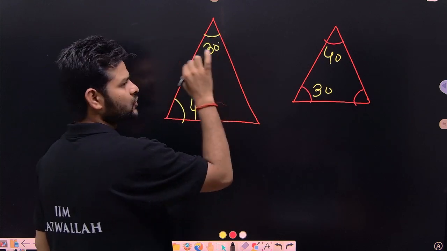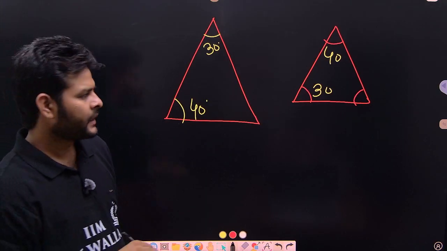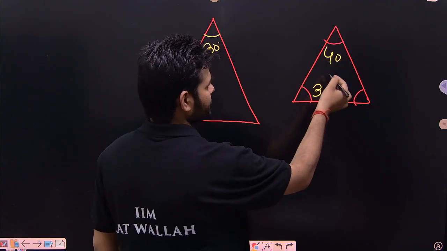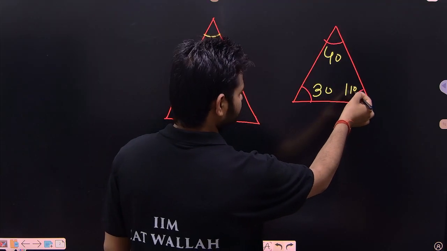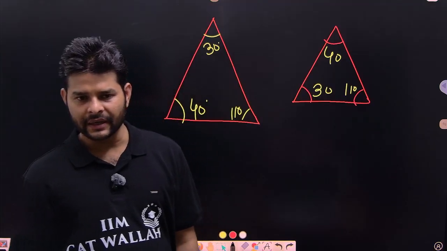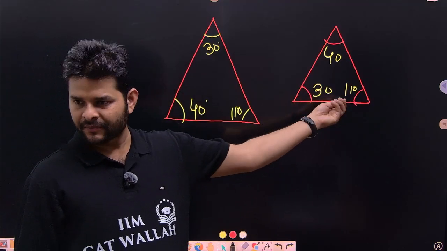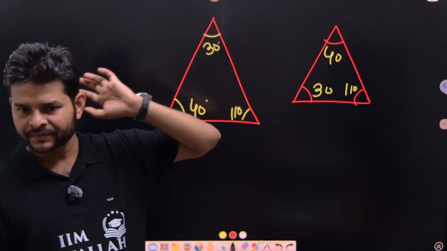Out of these two, any one may be 30. Tell me, guys: 30 and this 70, the rest is 110. So basically it can't be 110 because this is an acute angle triangle, but generally I am saying it must not be 110. You all know, guys, but still I am telling you.